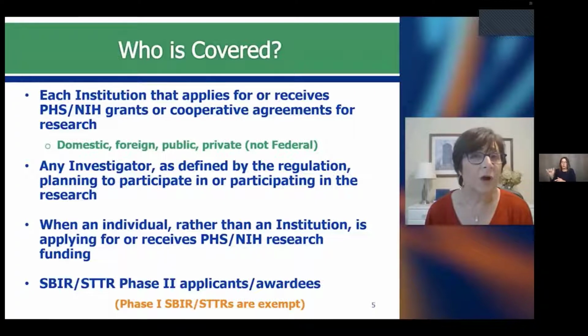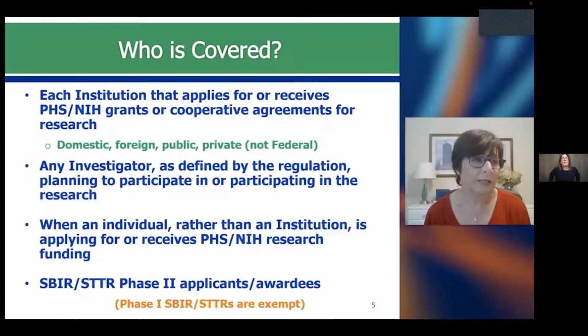The regulation also applies to Phase 2 applicants and awardees. It does not apply to the small business innovative research or small business technology transfer Phase 1 applicants or awardees, but it does to the Phase 2s.